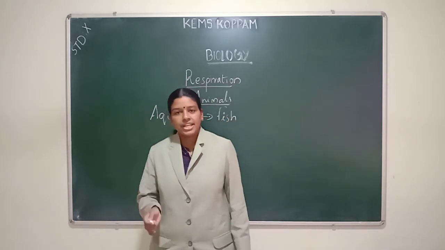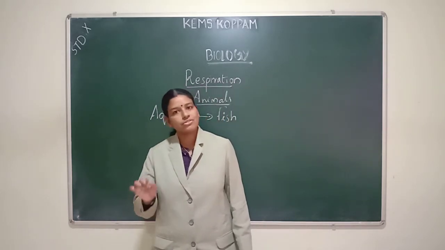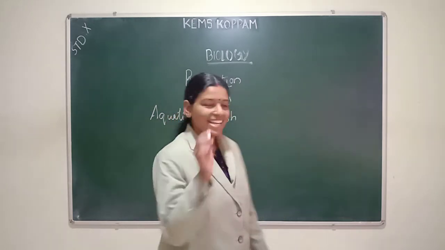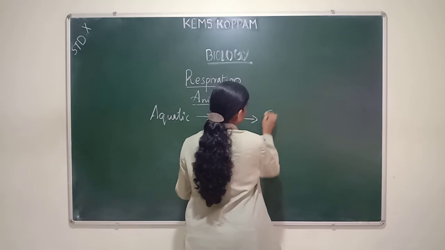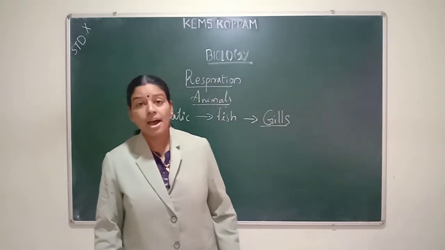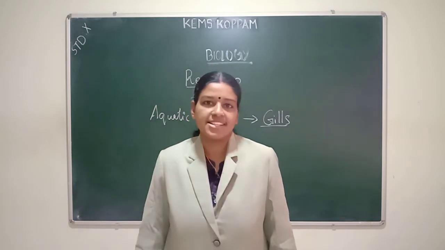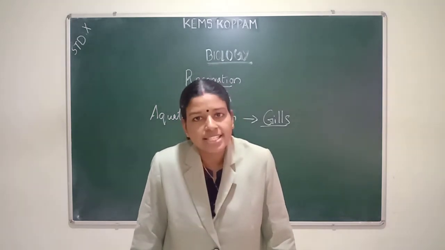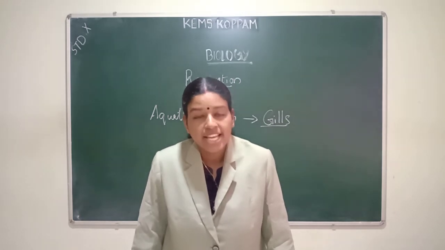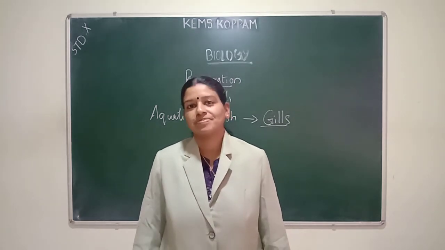They will take in this dissolved oxygen through the part called gills. Very good. Gills are present on the body of fishes. Through these respiratory organs, they will take the dissolved oxygen.